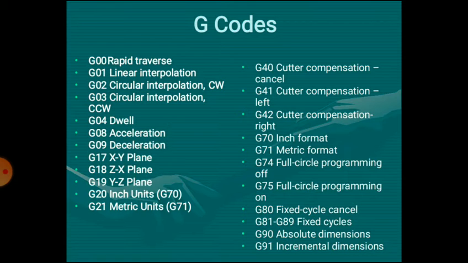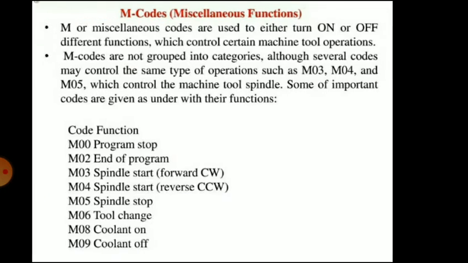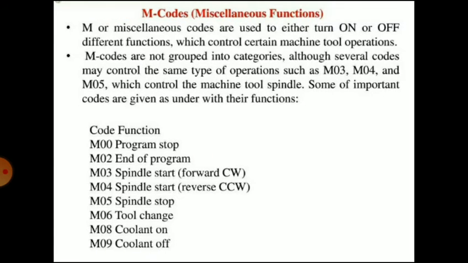Then G90 and G91, these are very important: G90 is absolute dimensions, and G91 is incremental dimensions. Then miscellaneous functions, M or miscellaneous codes are used to either turn on or off different functions which control certain machine tool operations.